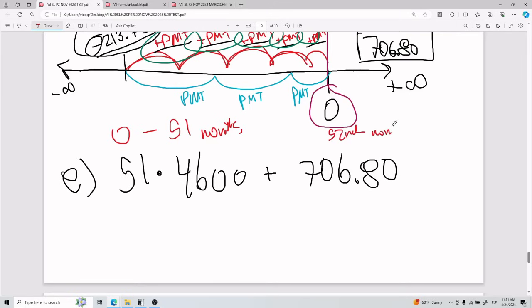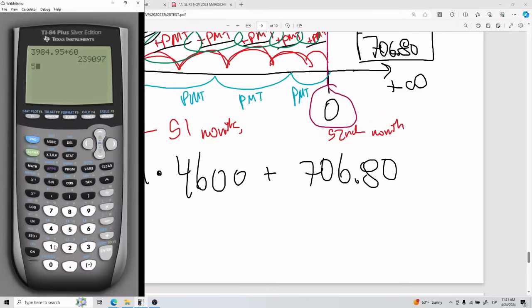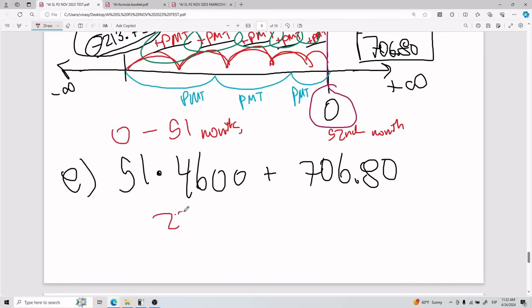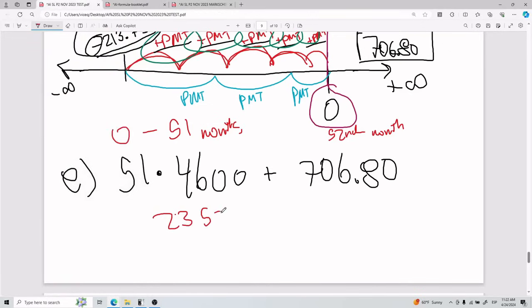Okay? So if he pays like this, he ends up with 51 times 4,600 plus 706.8. This gives me that number, 235,306.80.